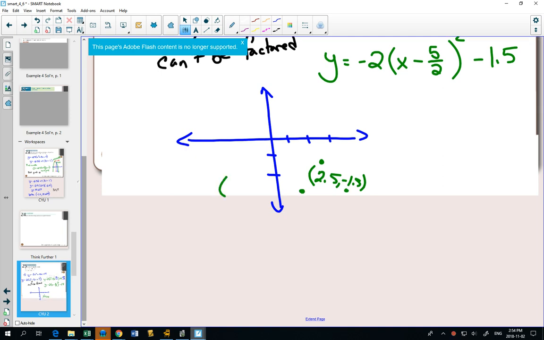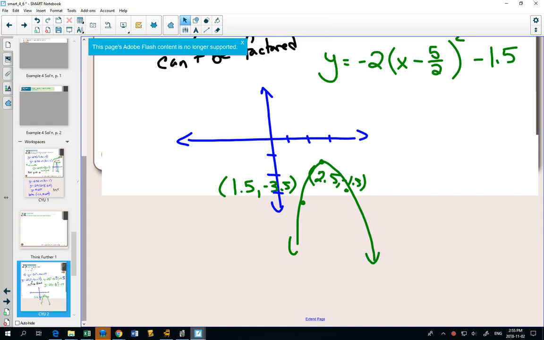If I go over 1, down 2, I will now be at 1.5, and down 2 from that will be at -3.5. I don't know if I went quite down 2. There we go. If we wanted to draw and label our axis of symmetry, it would be at x equals 2.5.